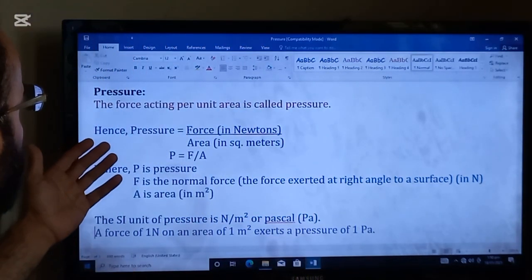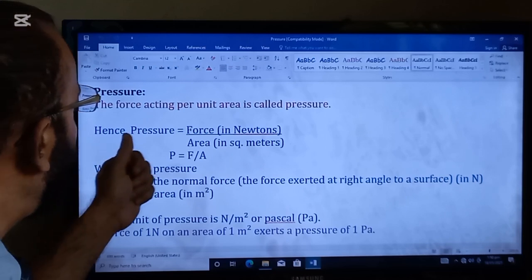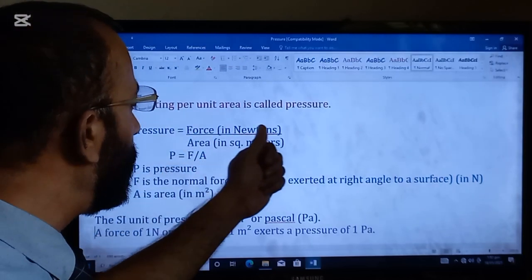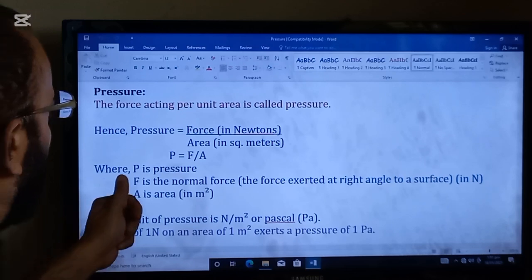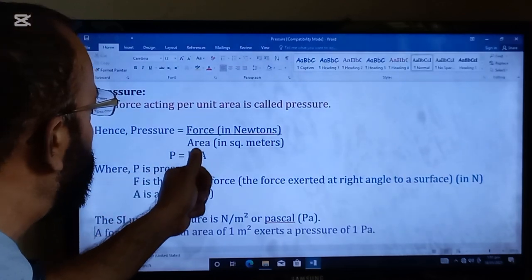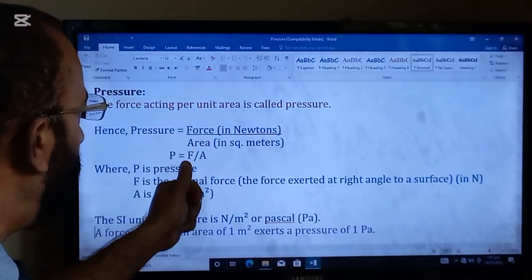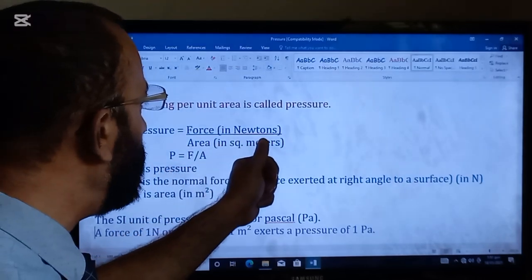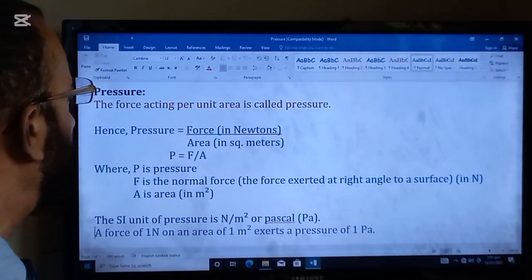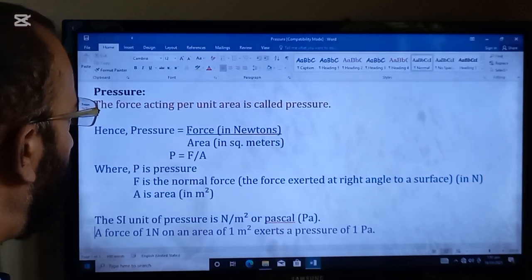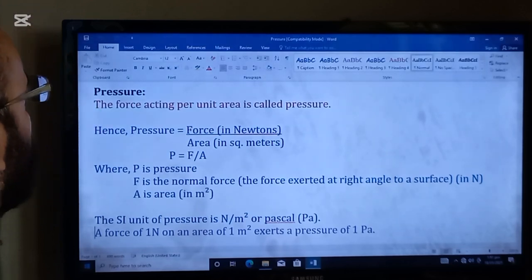The definition of the pressure is the force acting per unit area is called pressure. The formula is pressure is equal to force over area, where force should be in newtons and area in square meters when we will solve the questions.